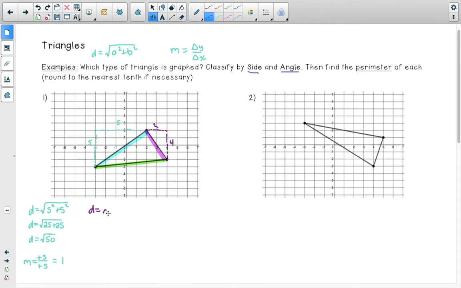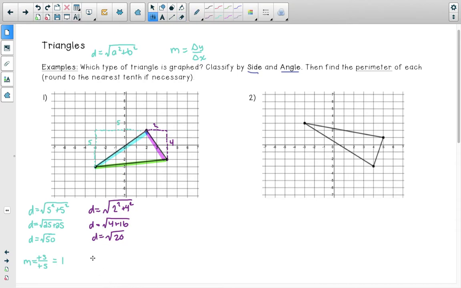So I have the square root of 2 squared plus 4 squared. 2 squared is 4, plus 4 squared is 16, so the distance is equal to the square root of 20. Right now I notice that these values are not the same, so that's fine.